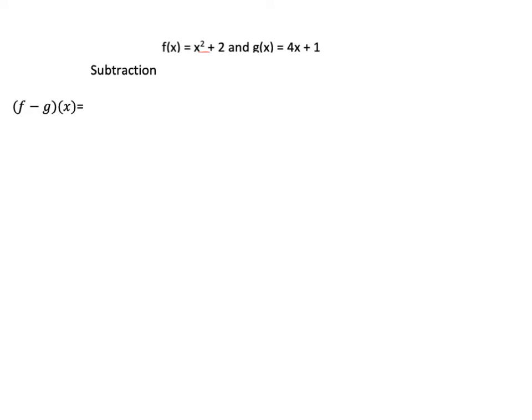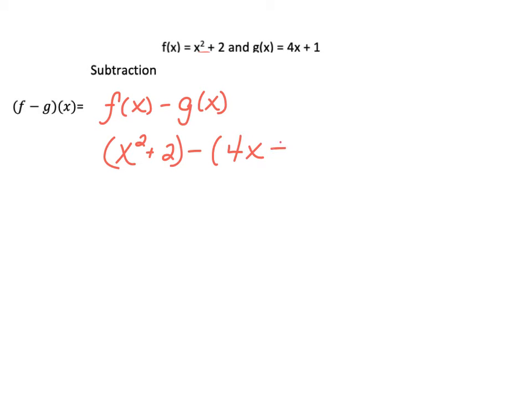So to subtract f minus g of x, again, this is equivalent to f of x minus g of x. Now with subtraction, you just need to be careful to recognize that you are subtracting the entire second function, which often will cause you to need to distribute your negative value.